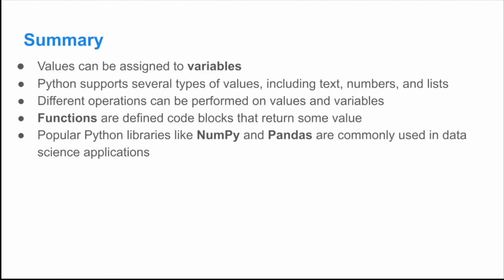You can also use functions, which are defined code blocks that return some value to complete tasks in Python. And finally, popular Python libraries like NumPy and pandas are commonly used in data science applications and can be installed and imported into any of your Python scripts as needed.